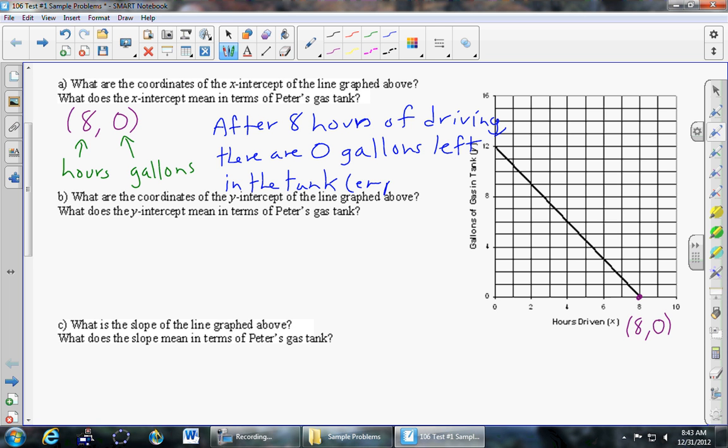And if instead of including the number 0, you wrote that the tank was empty, that's perfectly good.